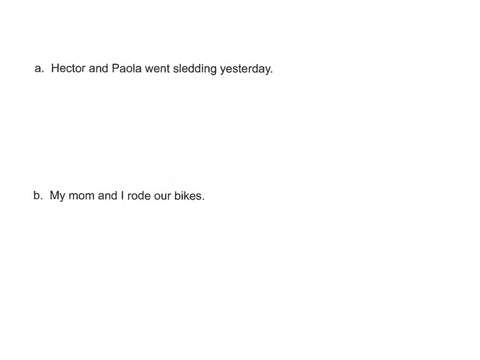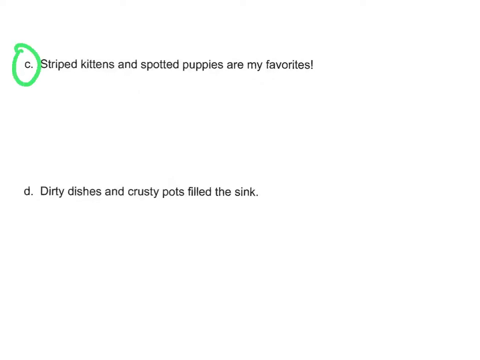Number 4A, 4B, 4C, and 4D are all correct sentences that you need to break down and you need to diagram. I will help you out with 4C. Here is 4C. It says, striped kittens and spotted puppies are my favorites.